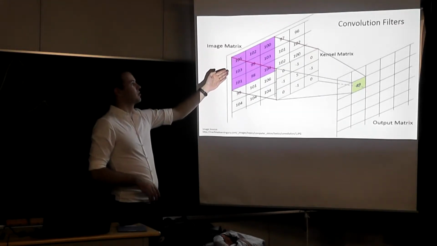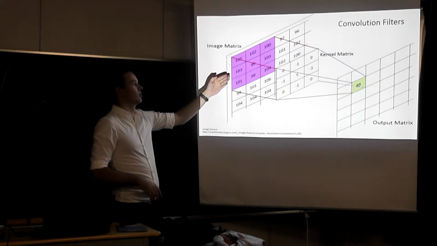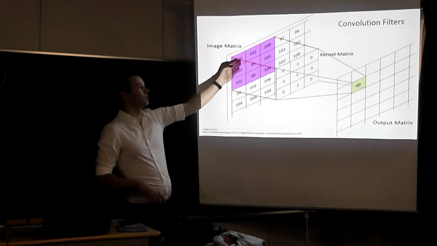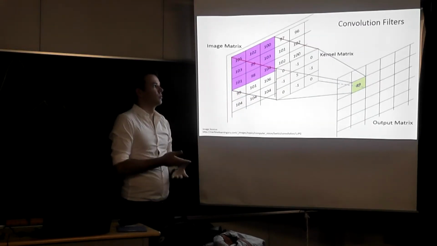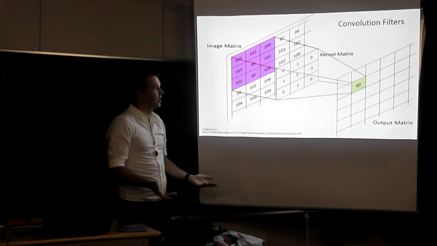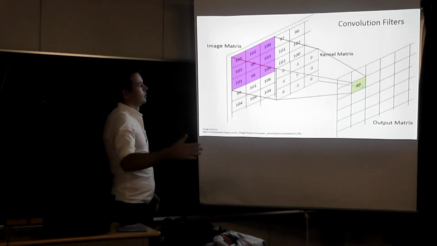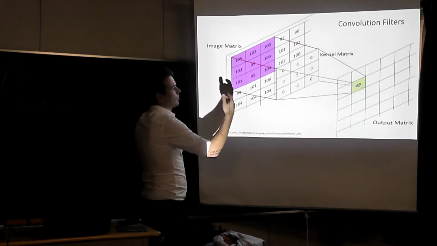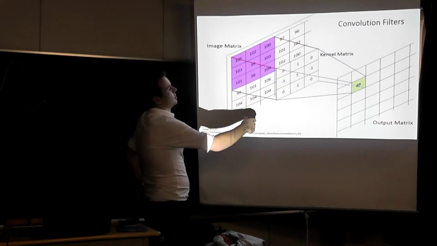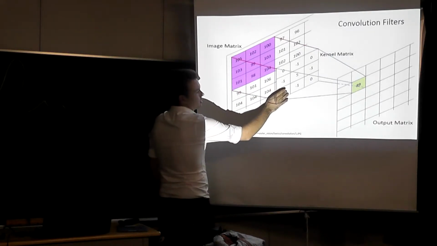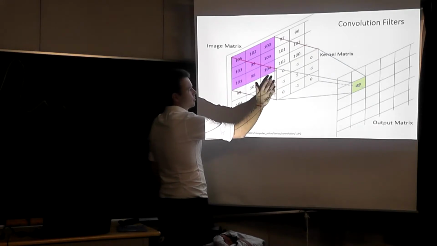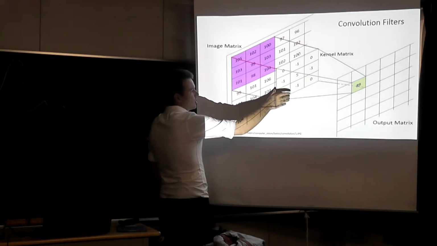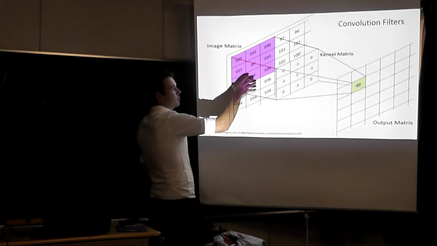This matrix here represents a picture. This is a gray picture because it only has one value, right? These are like the pixels. It's between 0 and 255: 0 means black, 255 means white. And a convolution filter is something like this here. It's a kernel matrix or mask, or different names, but it's essentially a matrix that is much smaller than the original picture.